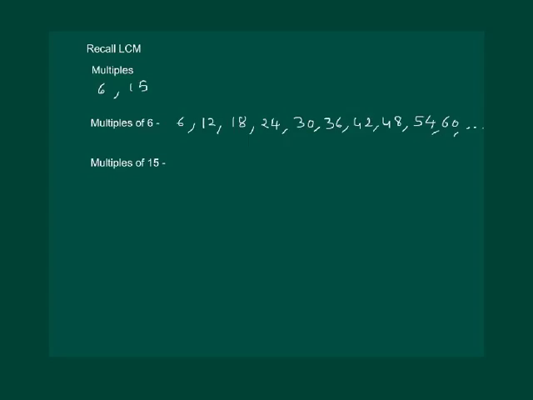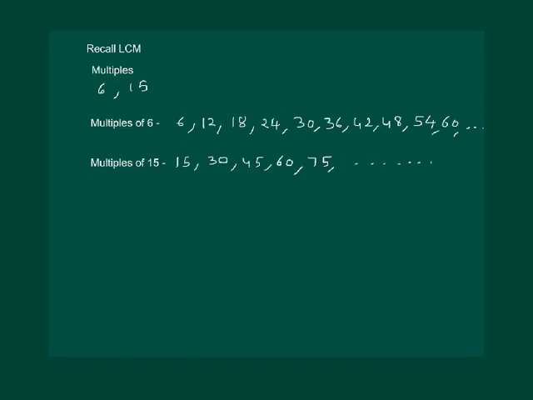Let us find the multiples of 15. 15 into 1, 15. 15 into 2, 30. 15 into 3, 45. 15 into 4, 60. 15 into 5, 75, and so on.